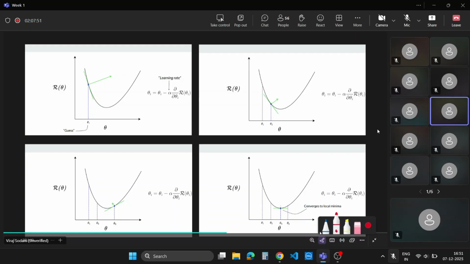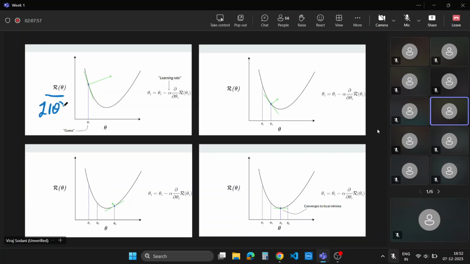R theta is nothing but the loss function, and theta here corresponds to W comma B. Theta is a generalized form to represent the parameters.